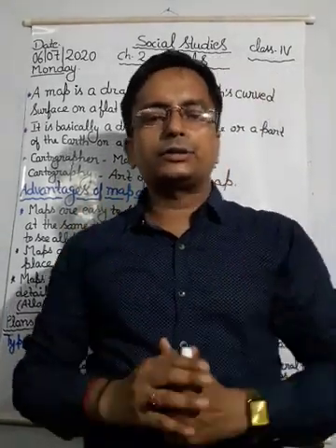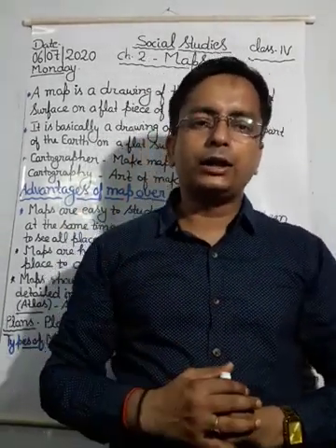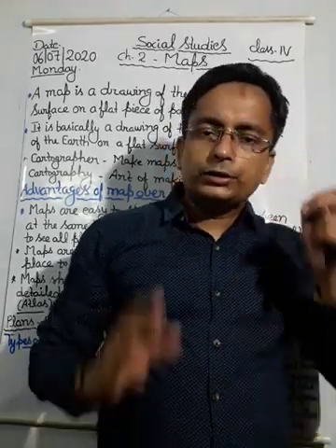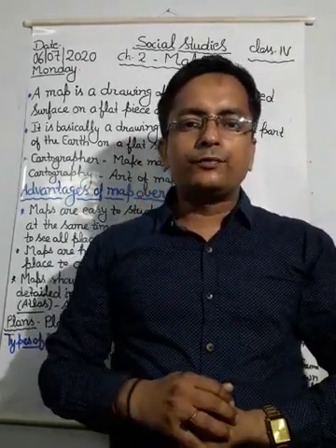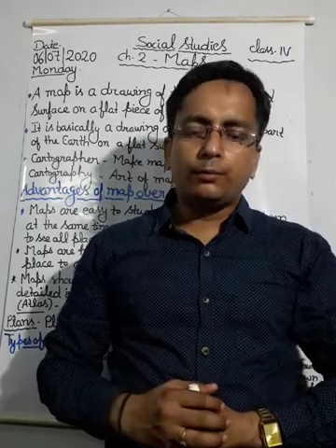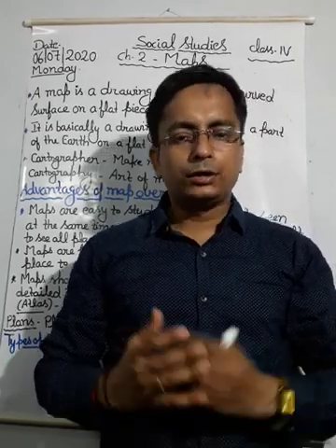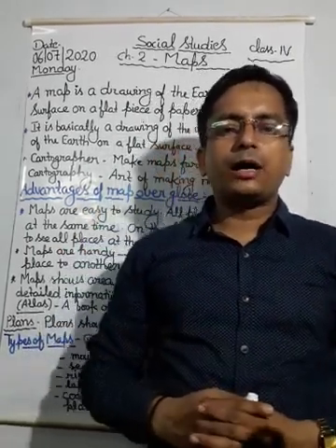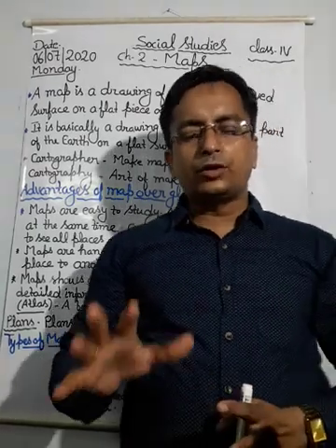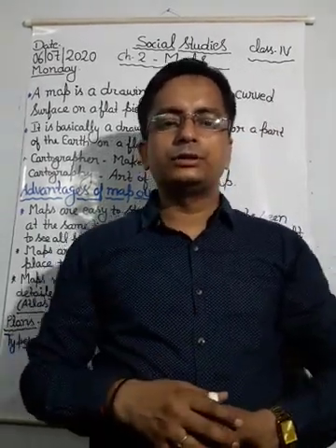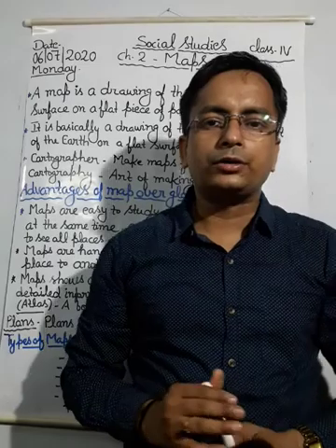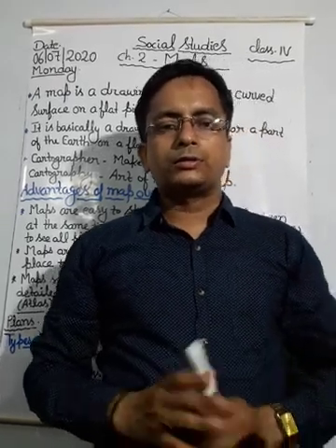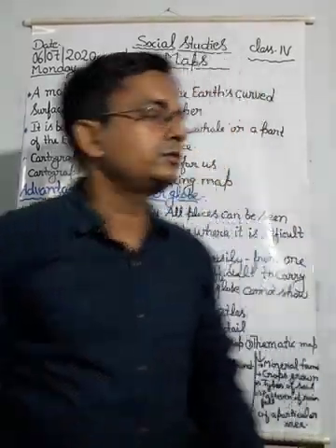All the things we use in a map. When we start using the map, there is a need for all the things inside this lesson. So let's start today's class.